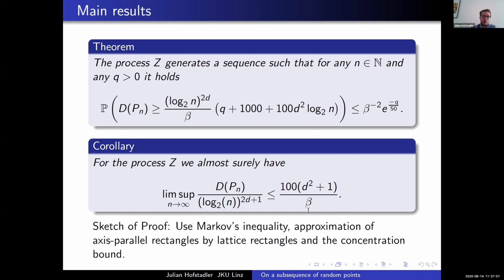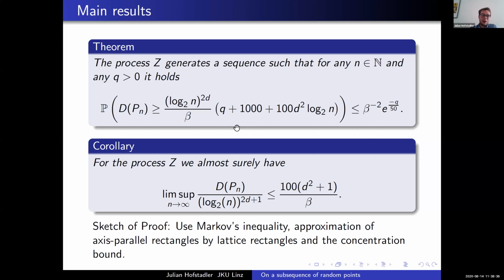How can we prove the theorem? We use Markov inequality and the concentration bound to obtain a very similar result for lattice rectangles, and then we approximate arbitrary axis parallel rectangles by lattice rectangles, observe that everything does not get much worse, and then everything is done. So also quite a nice technique of getting to these results.